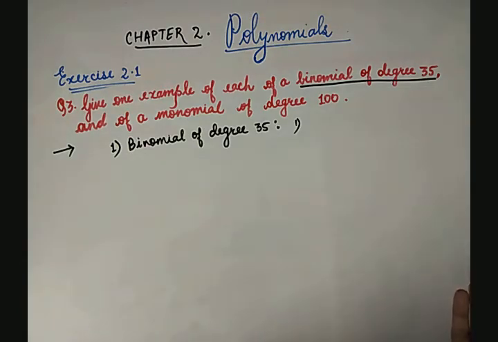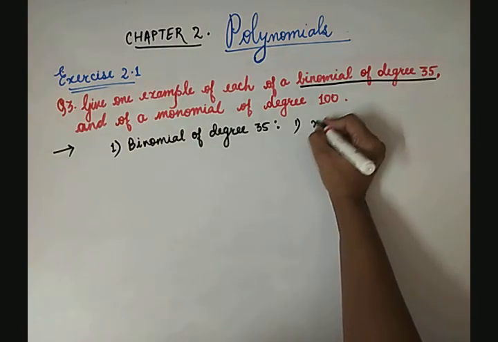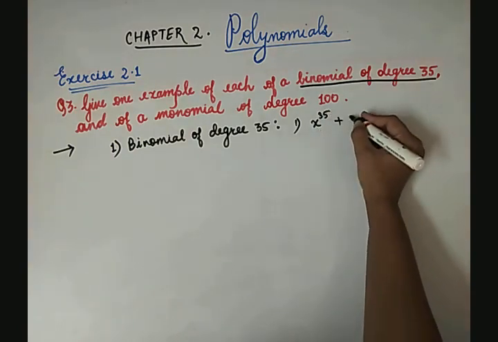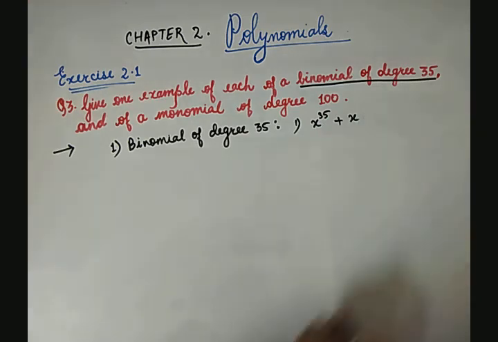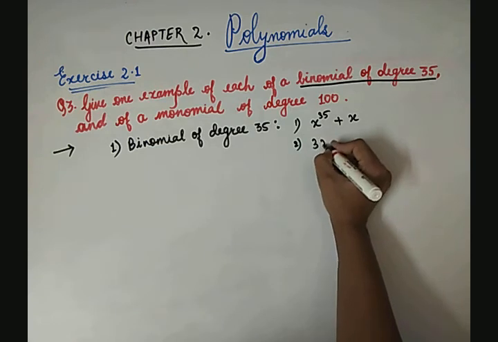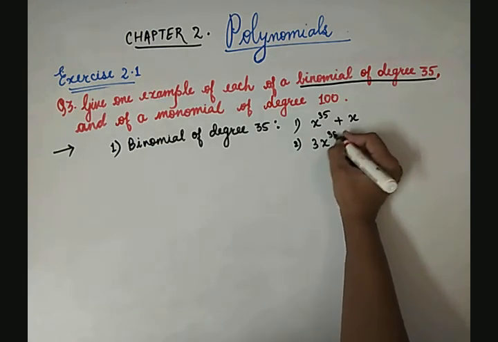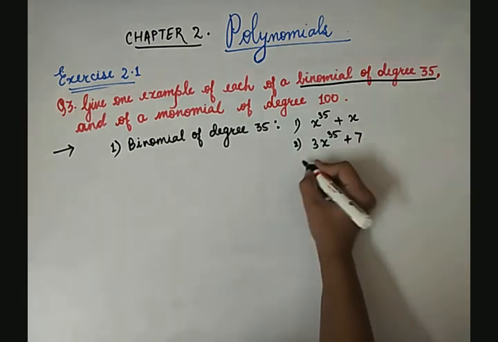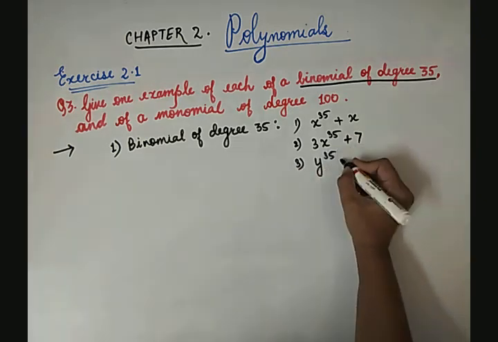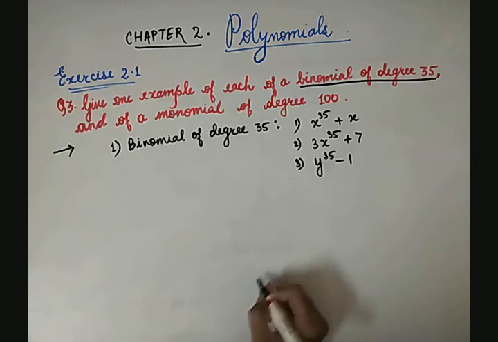And the degree we want is 35. So it can be x raised to 35 plus x. Or you can write 3 into x raised to 35 plus 7. Or you can write y raised to 35 minus 1.